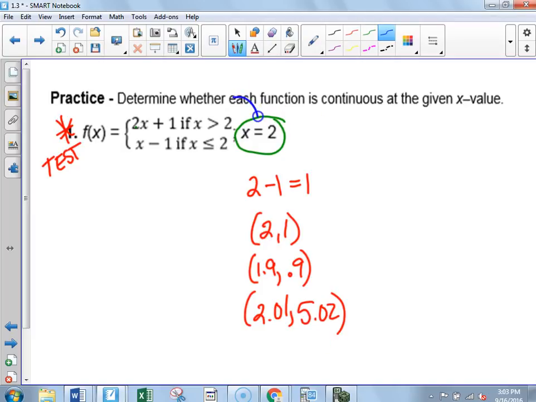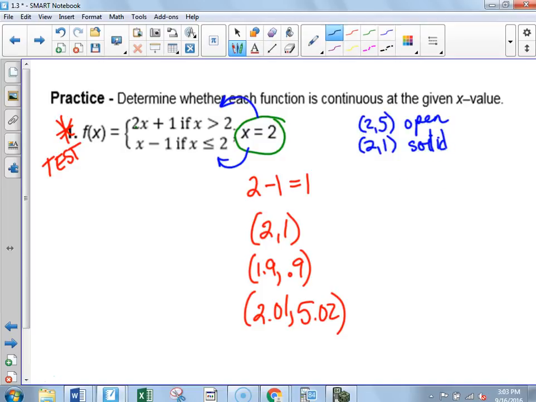The other thing you could do is put 2 into both of these, because this one just has an open circle at 2. You understand that? The greater than means an open circle. 2 times 2 plus 1 is 5. So (2, 5) has an open circle. And here if I put a 2 into this one, I get (2, 1), which would be a solid circle. Solid. Okay, obviously not the same point.